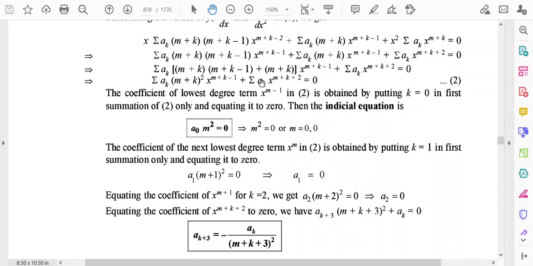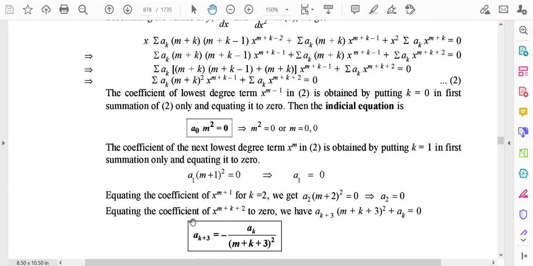Actually this depends on the structure of the equation. In this equation we can calculate the coefficient of x to the power m plus k plus 2, because here the power can be converted into m plus k plus 2 if we put k is equal to k plus 3, because then the power of x will be m plus k plus 2.